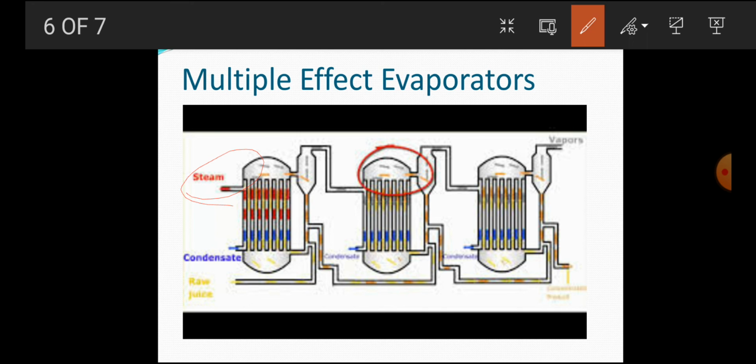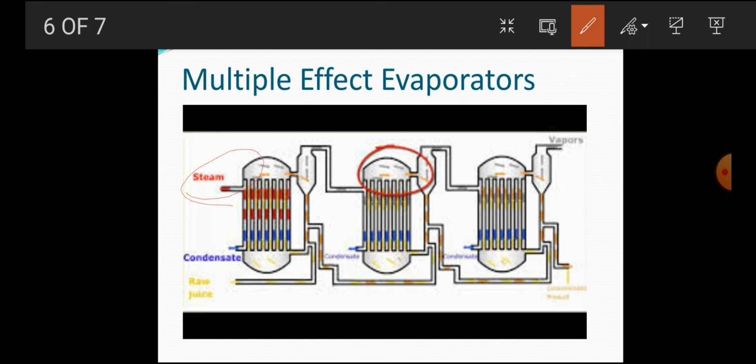Vapors obtained from the first effect act as a heating medium for another effect. In a single effect evaporator, steam is supplied for heating the feed. The total heat is not transferred from the steam, so the rest of the heat is wasted.